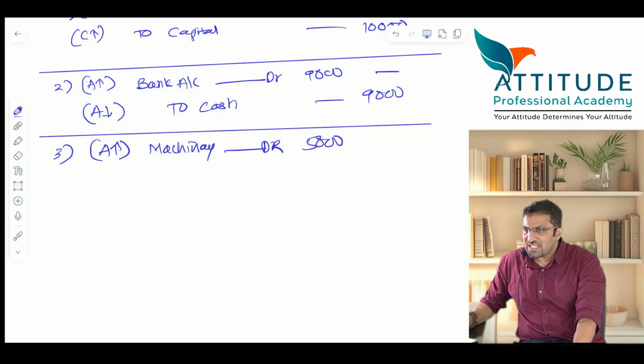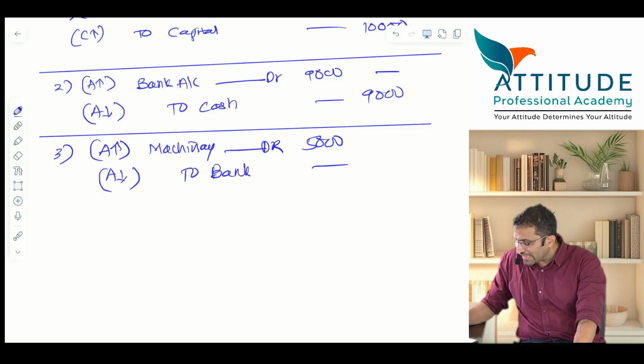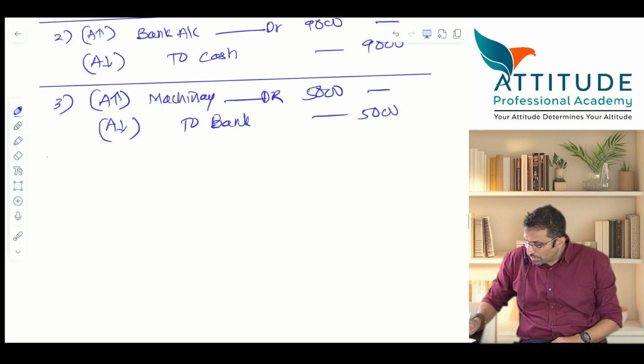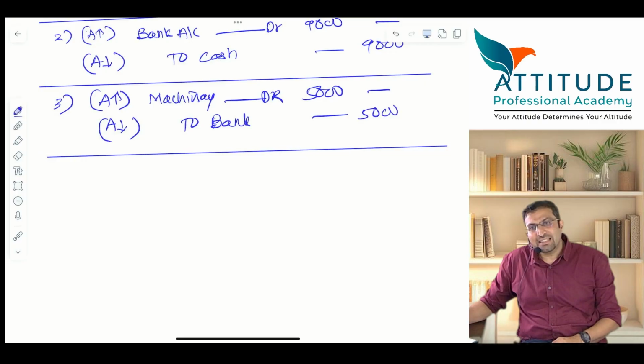Have you paid the cash or have you paid a check? Check means bank is an asset, reduces, to bank. How much? 5,000. Are you able to get it? All of you? Good. One asset increases, another asset reduces.